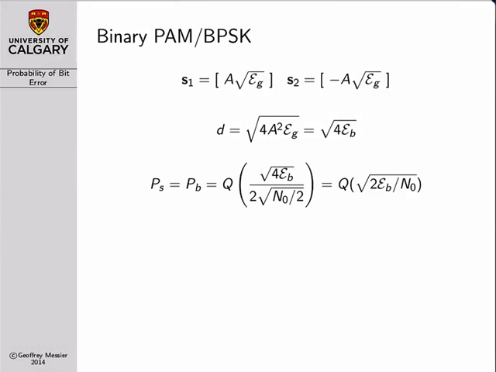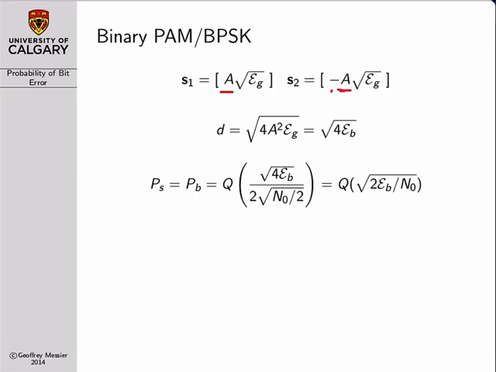So to start off with binary PAM or binary phase shift keying, BPSK, we have 2 signal vectors equal to some amplitude A multiplied by the root of the pulse shape energy and the negative amplitude.